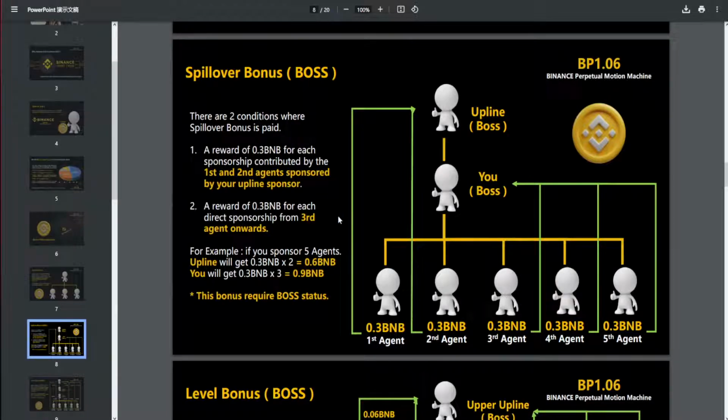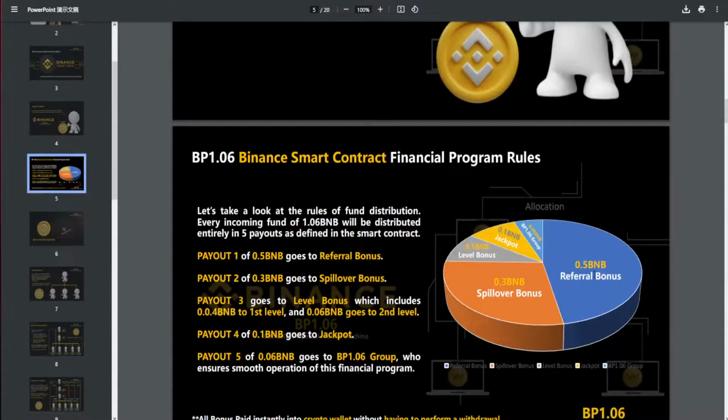So there are different bonuses. The referral bonus is a direct bonus: when someone deposits 1.06 BNB, 0.5 BNB goes to the person that referred them. As for the spillover bonus, if you refer 5 people, you get 0.3 BNB from each of 3 of the 5 people, and for the 2 people that are left, their spillover bonus of 0.3 BNB goes to the upline boss, the person who referred you.